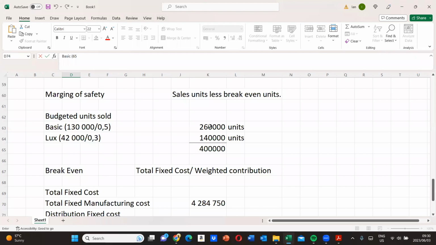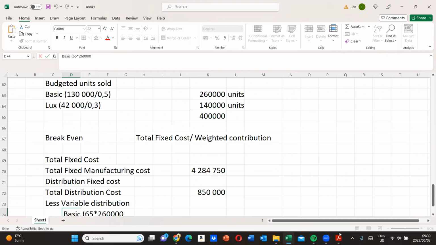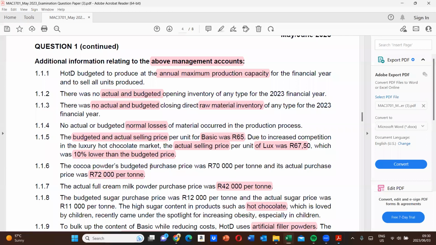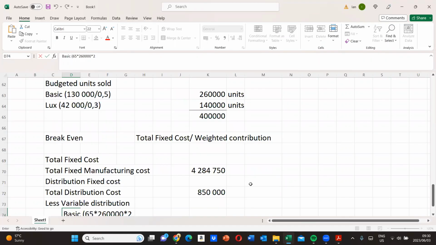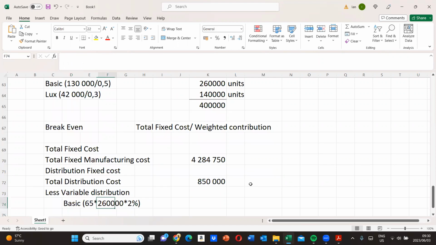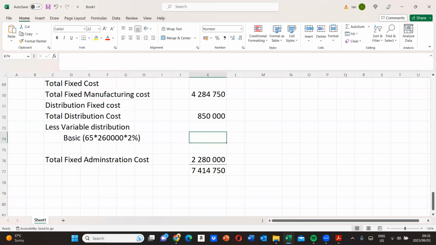We saw Basic sold 260,000 units. So 65 Rand times 260,000 units. And then you're told variable costs are equivalent to what? You go back to your question. You're told variable costs are equivalent to 2% of the selling price. So you multiply with 2%. So that's how we could have calculated for Basic.